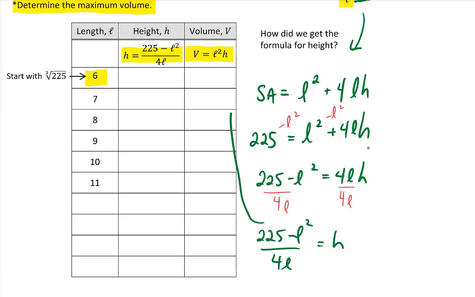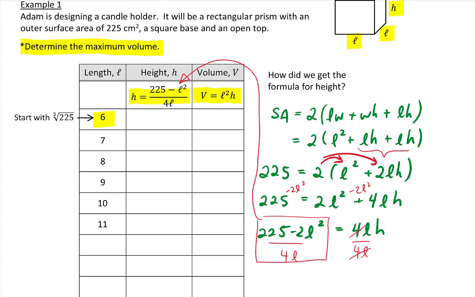And that is the formula we have right here. So using your calculator, let's determine the heights for the lengths that I've included, 6, 7, 8, 9, 10, and 11. So try this yourself, then determine the volumes, then come back and check your work.